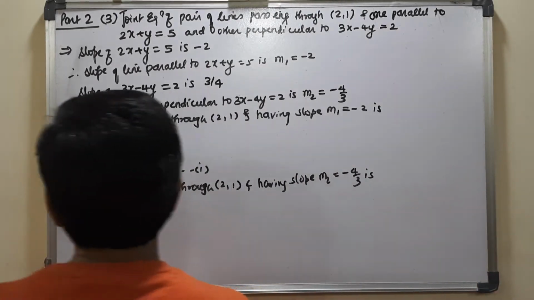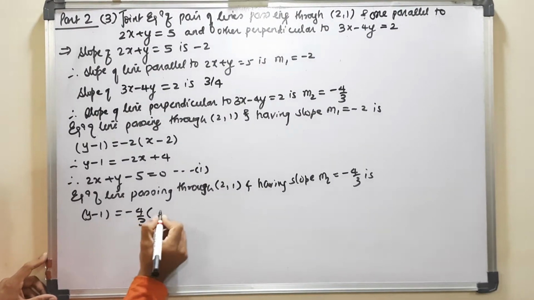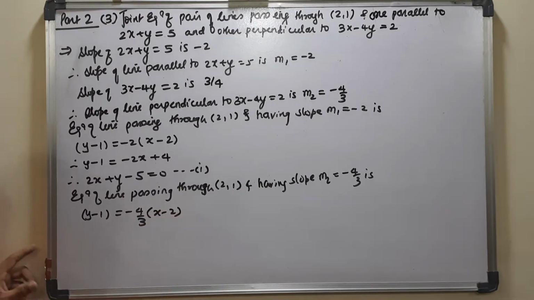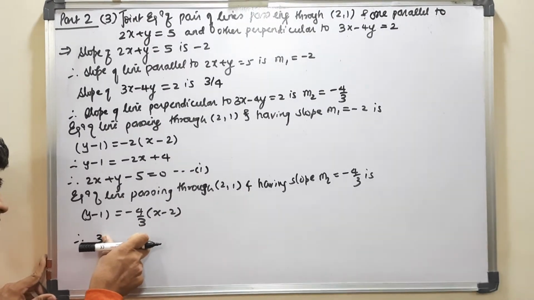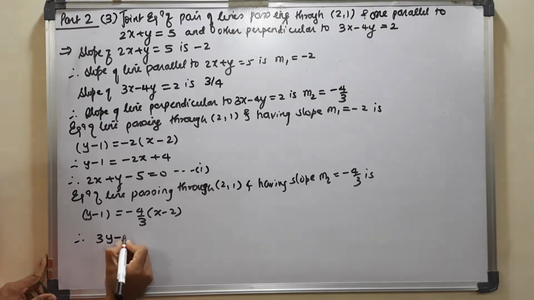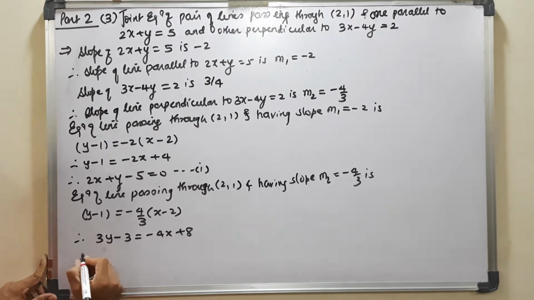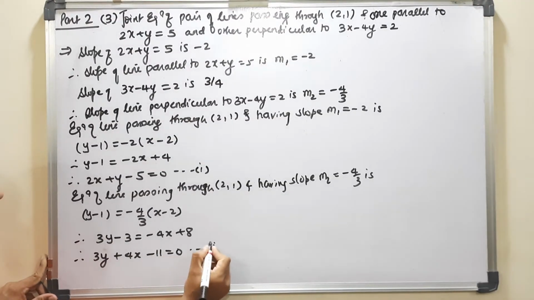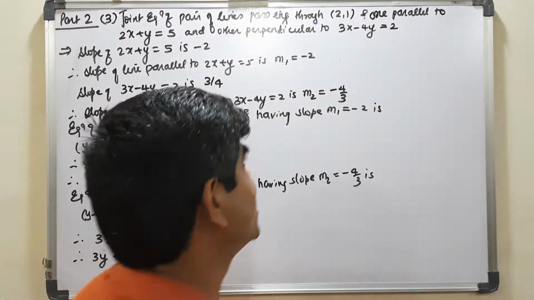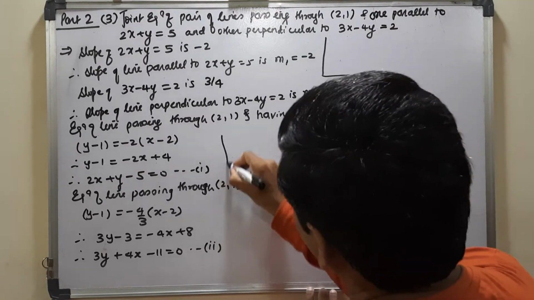There is no change in the equation, only the slope changes: y minus 1 equal to minus 4 by 3 into x minus 2. On cross multiplication this gives 3y minus 3 equal to minus 4x plus 8. Bringing it to this side, I get 4x plus 3y minus 11 equal to 0.